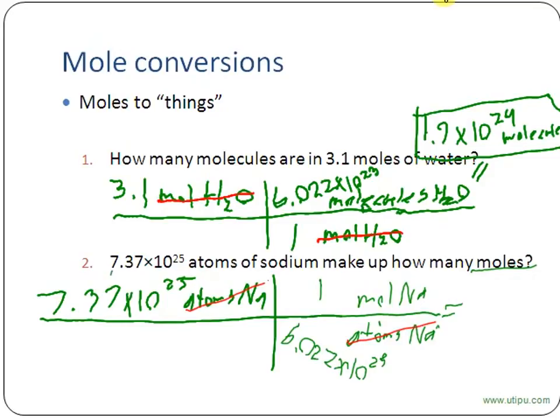This has 3 significant figures, and so our final answer is going to be 122 moles of sodium. So 122 moles sodium tells us exactly how many moles there are in 7.37 times 10 to the 25th atoms. So that's how you'd work out any types of conversions from moles to things, moles to some sort of object like an atom or something like that.